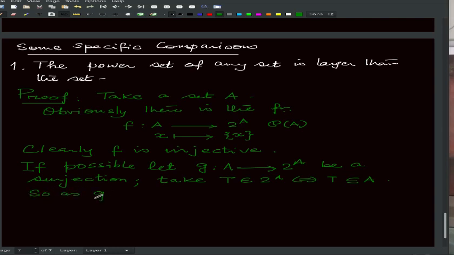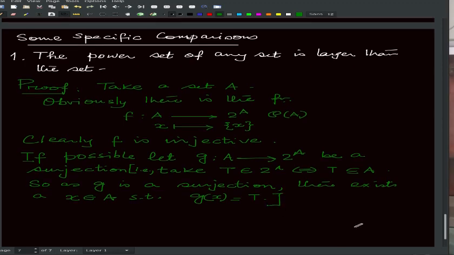As G is a surjection, there exists x in A such that G(x) is equal to T. So this is the meaning of saying that it is a surjection.